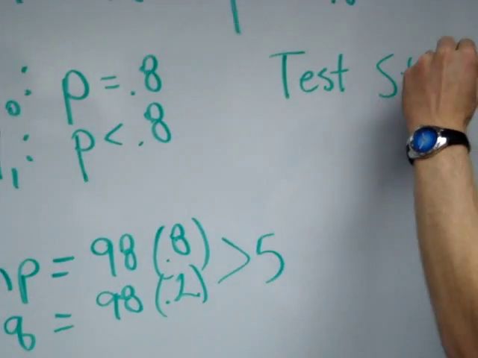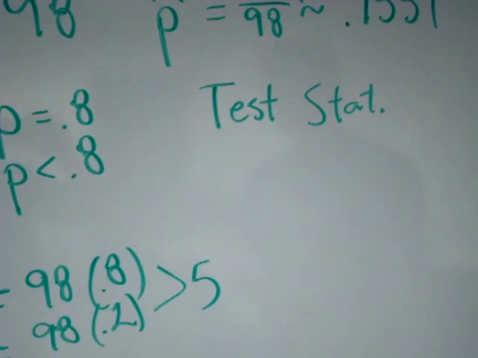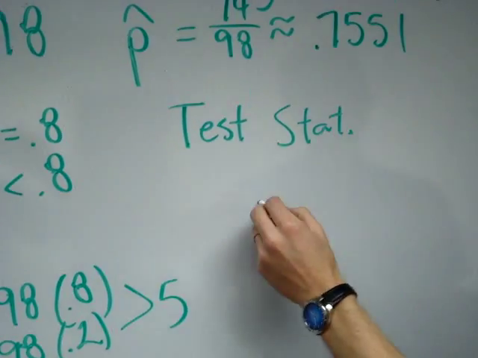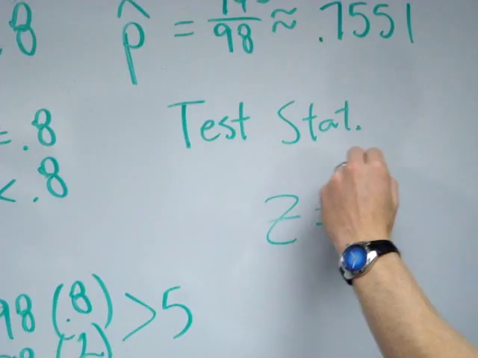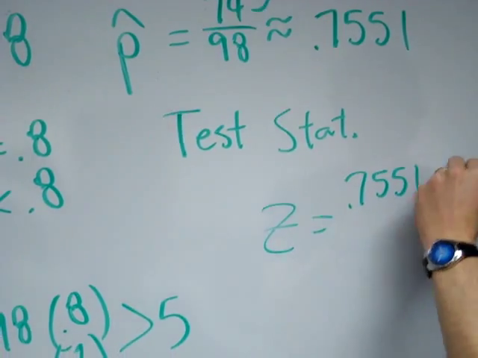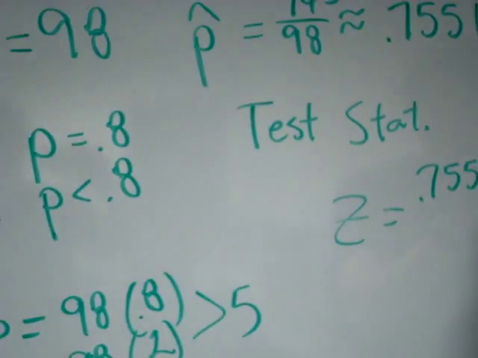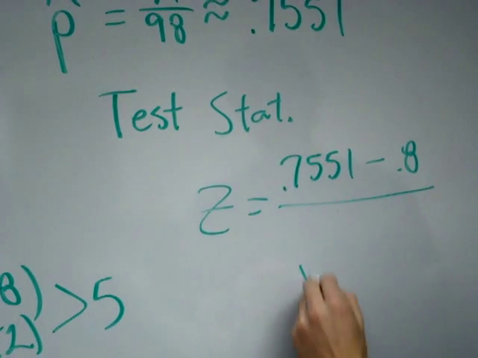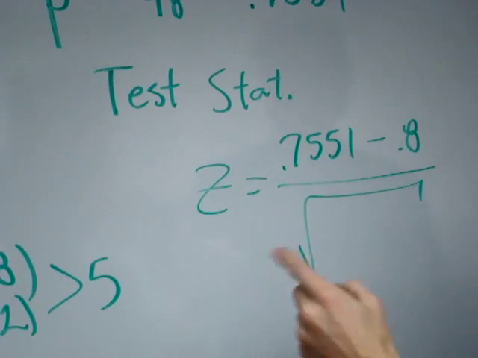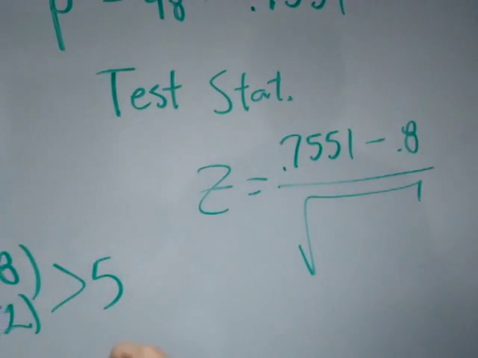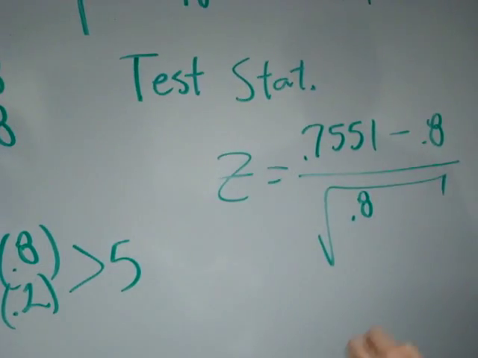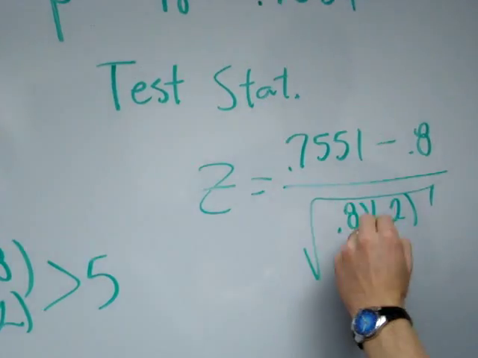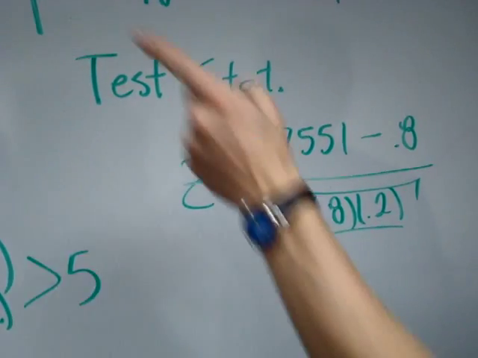So the test statistic, this is going to be a z-test. So z is equal to the sample proportion, 0.7551, minus the claim proportion, 0.8, divided by the square root of p, which is 0.8, times q, which is 1 minus p, so 0.2, divided by n, which is 98.